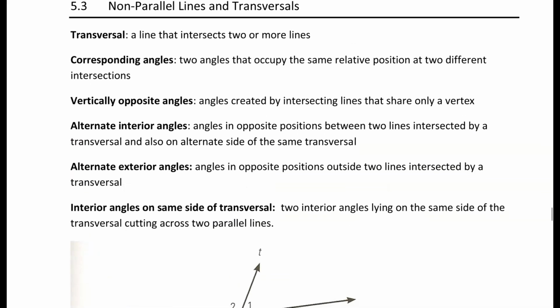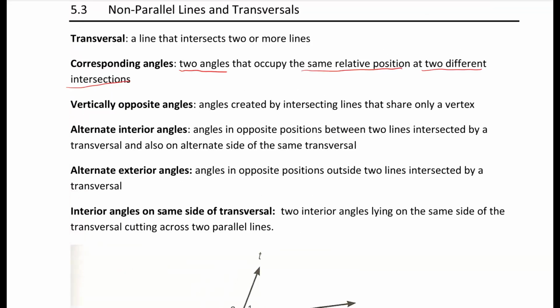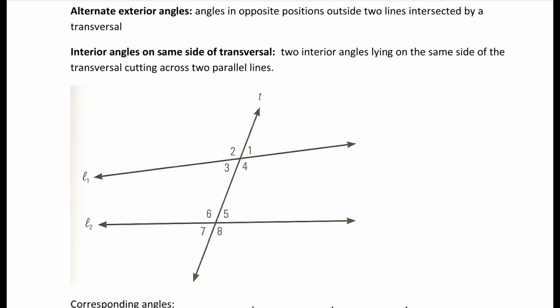So first thing we're going to look at is the corresponding angles, which is the two angles. So we're looking for two angles that occupy the same relative position at two different intersections. So the big thing that you're going to notice is that it's the same relative position. Now, at this diagram, we should talk about these different lines.